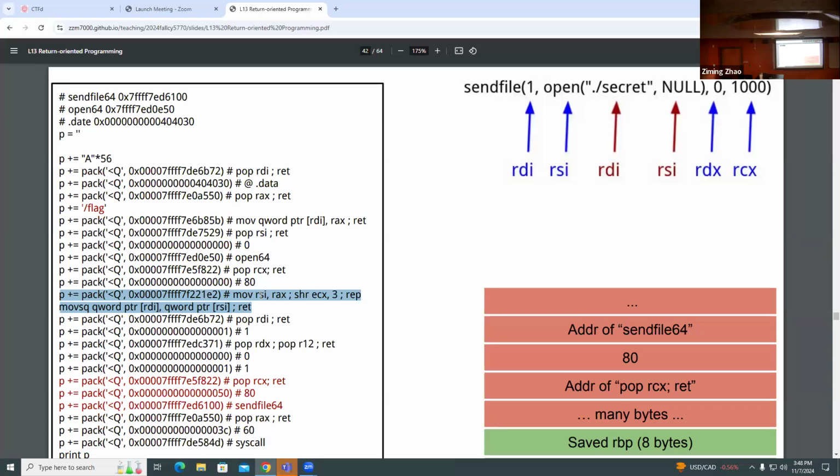Can you find them? No, that's wrong. Oh, you have that one. Yeah, you find it.